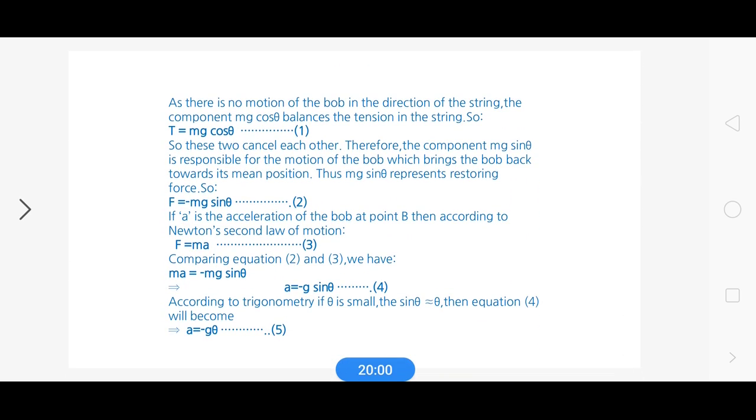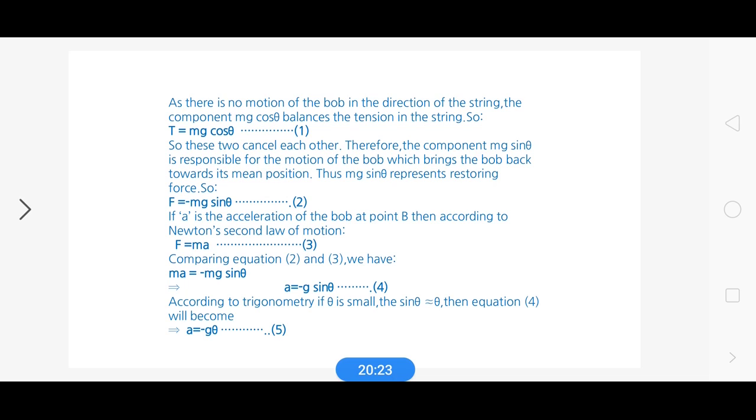Now, as there is no motion of the bob in the direction of the string, the component mg cos theta balances the tension in the string.